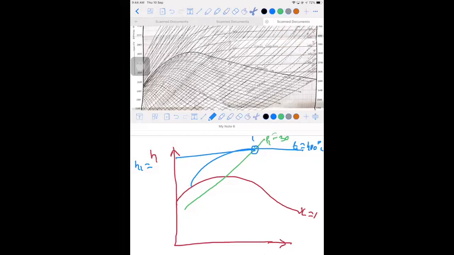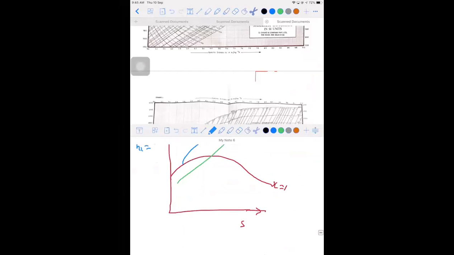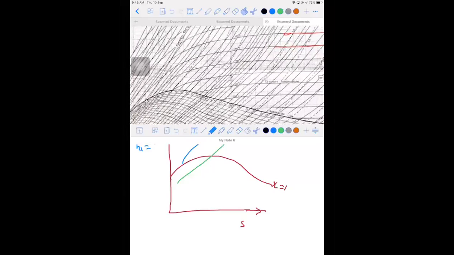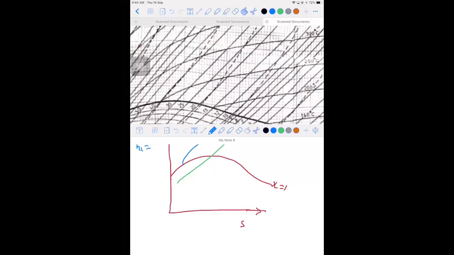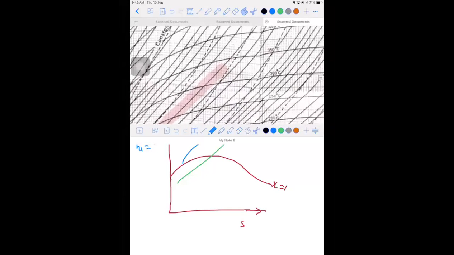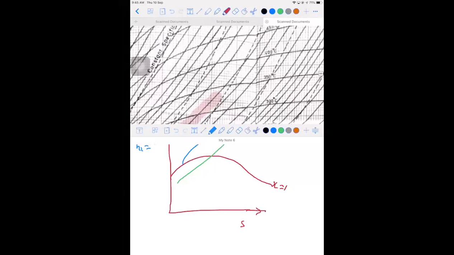Now, we'll try to see this. This is the 30 bar line, and this is the 400 degree centigrade line.